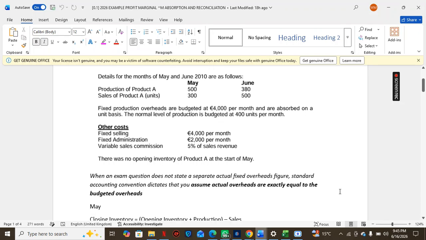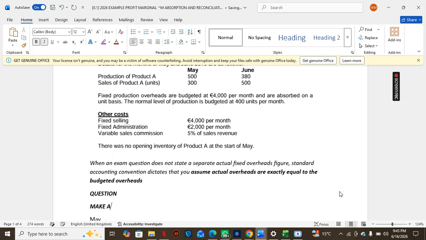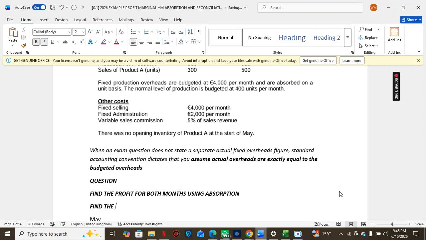The question here is to find the profit for both months using absorption costing, and find the profit for both months using marginal costing.